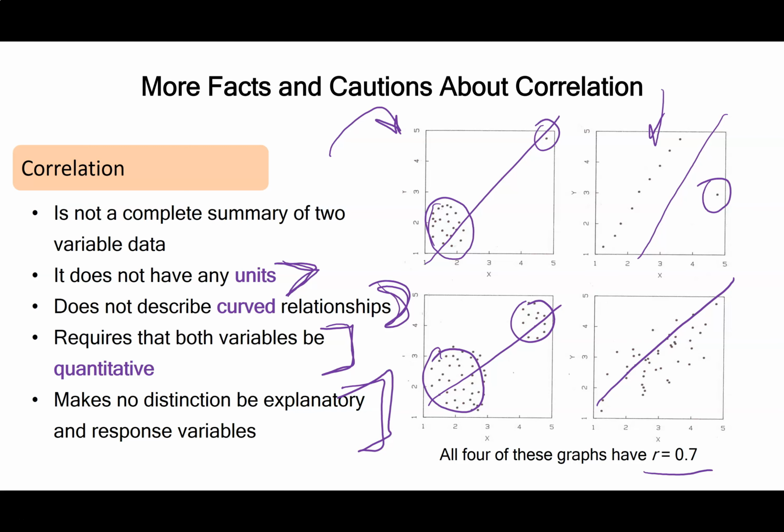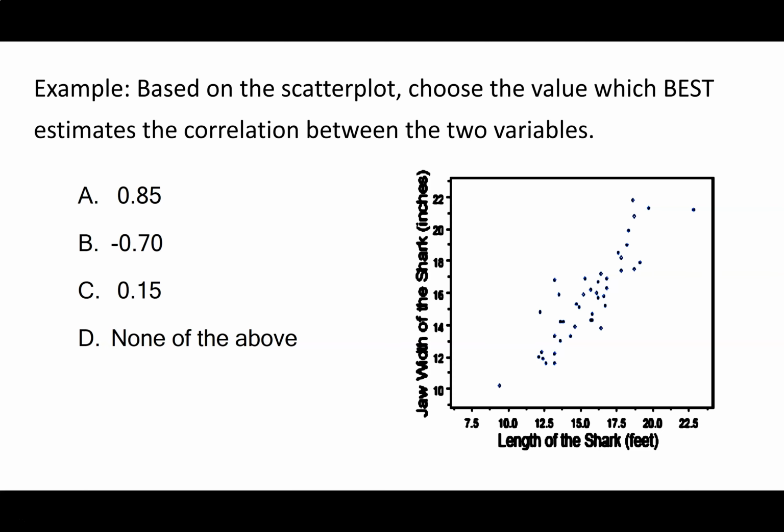So here's an example. Based on the scatter plot, which of the values here best estimate the correlation between the two variables? So first step for me, I like to just kind of estimate the line.